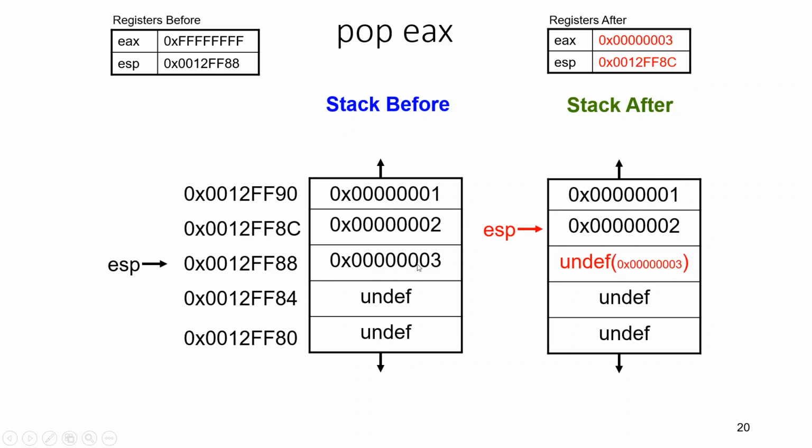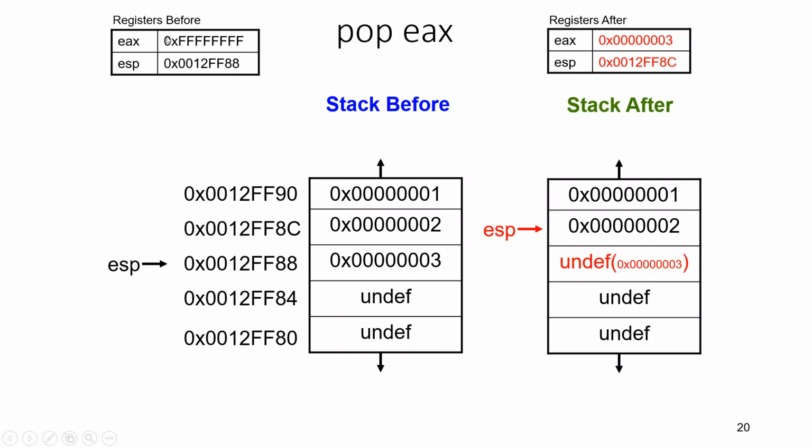EAX pop takes the top value, which is 03, first into EAX and increments ESP by 4. So now ESP will point to this address and this is undefined. As you can see in the brackets, it's still 03. The value is not deleted, it's just unreferenced. It's not pointing, that's it. The memory still lies.